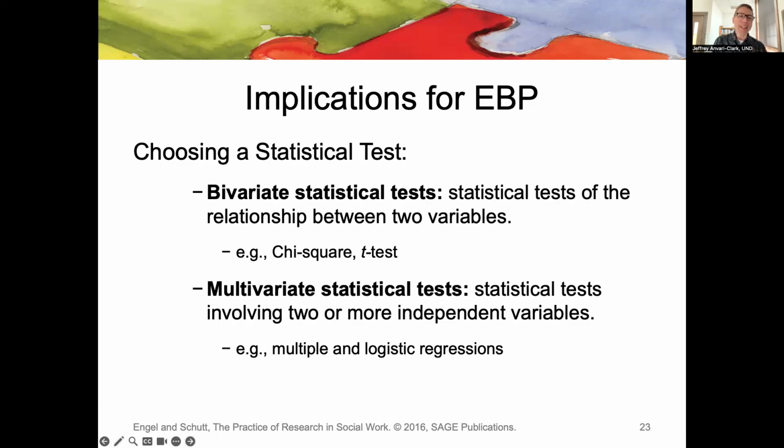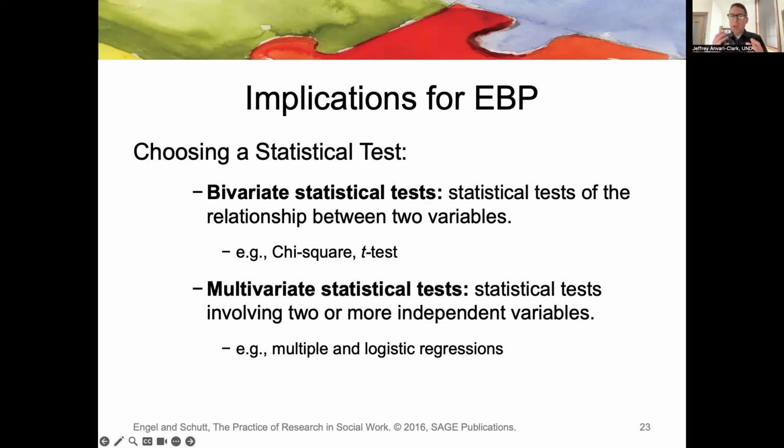So, yes, you can do some of these simple tests, such as a chi-square or a t-test. And sometimes that's all that you can do because that's all the data that you have. But a lot of times you have more data, and so you can begin to control for or account for some of these outside influences, such as racism, levels of education, their income, how much financial resources they have at their disposal, maybe their marital status, are they able to tag team and partner up and thereby have less stress, or is everything being put onto one person?